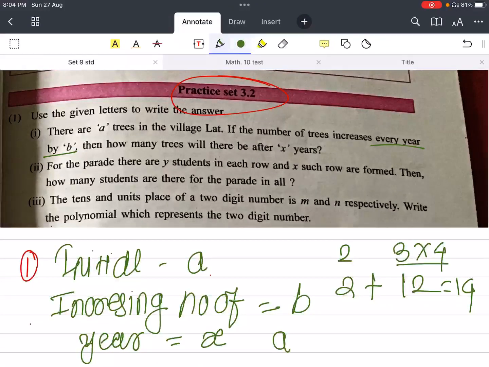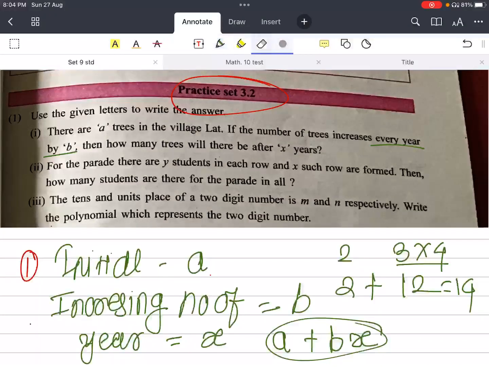Suppose initial trees are A, then B trees which increase per year, and we are observing this data up to X years. So the data will be like that, A plus BX. This is your answer for this.